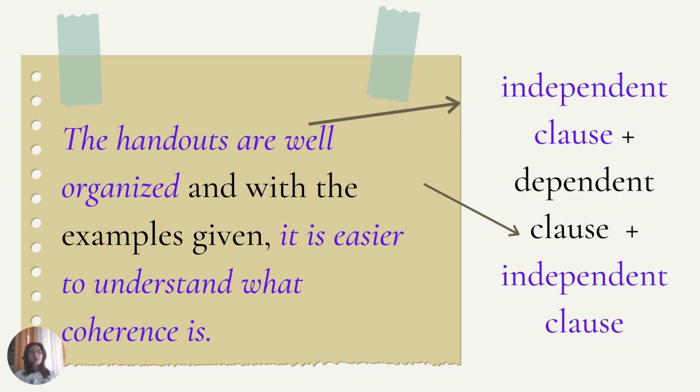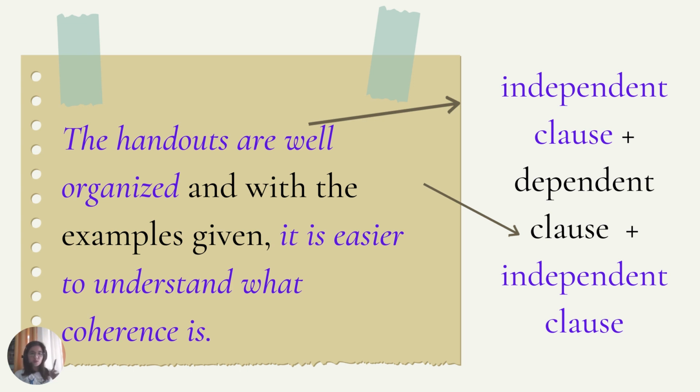So what's the problem here? Remember, we use a coordinating conjunction when we combine two independent clauses. But that is not the case here. If you look at the sentence, the handouts are well organized, that's one independent clause. And then, with examples given, the next is not an independent clause, but a dependent clause.